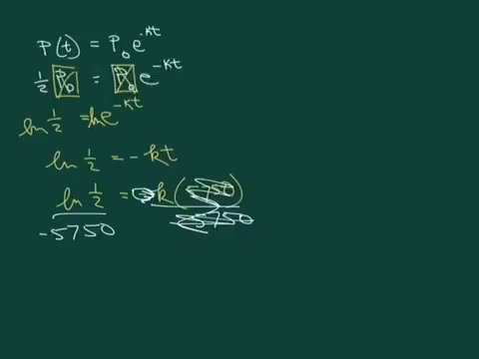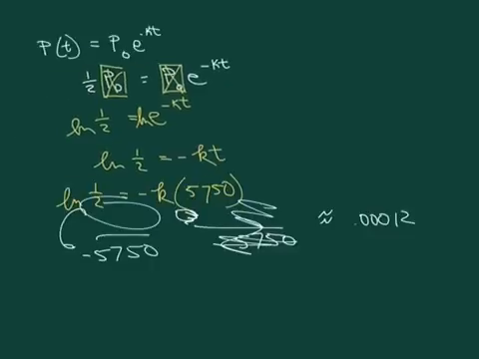So we have k equals ln of 0.5 divided by negative 5,750, giving us a k value of 0.00012. Okay? So we found k. What we're trying to do here is find out how old this linen wrapping was, but we had to find k to do that, and you're always finding k first.